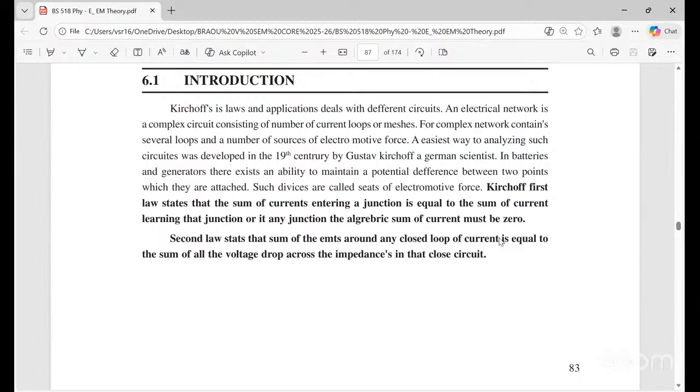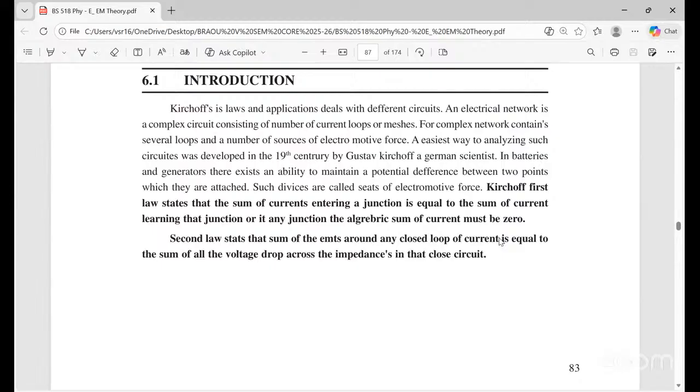The algebraic sum of the currents meeting at a point is equal to 0. That is the Kirchhoff current law. Or else, the current entering a junction is always equal to the current leaving the same junction. And the second law: the sum of the EMFs, the electromotive forces, around any closed circuit is equal to the sum of all the voltage drops across the impedance Z in that closed circuit.